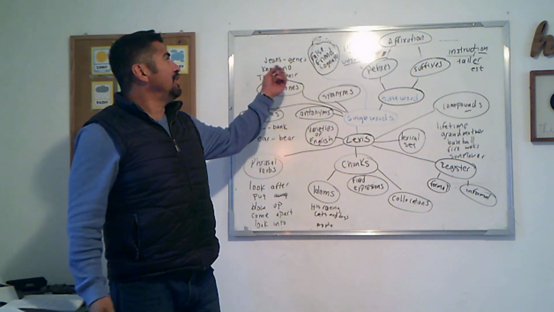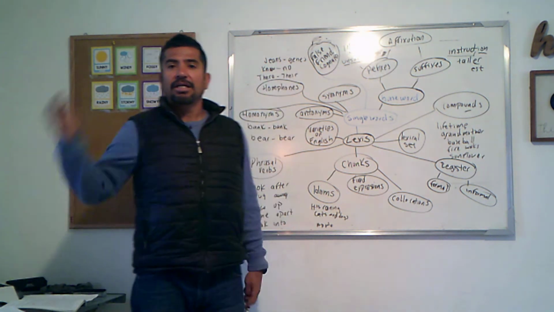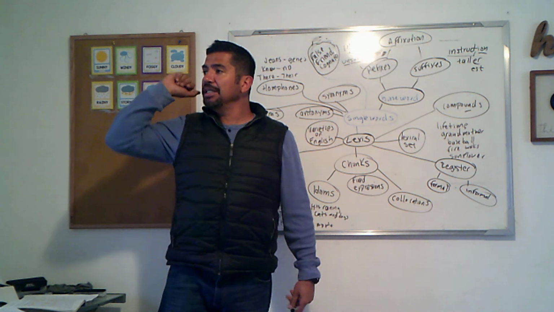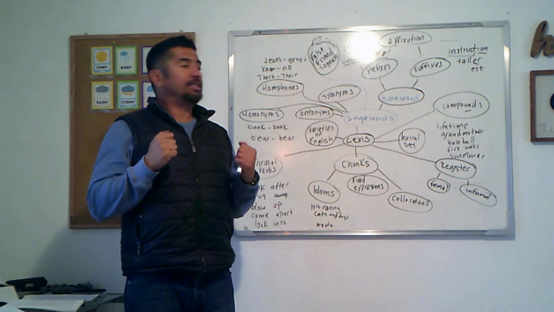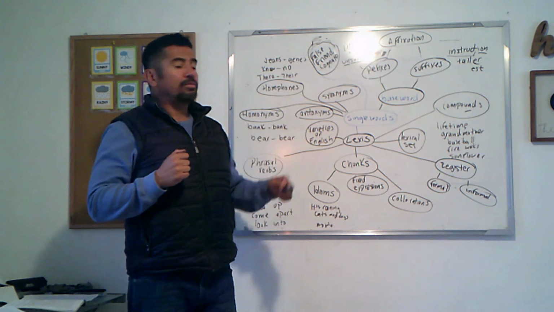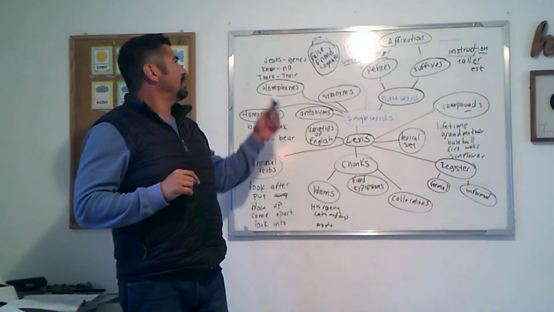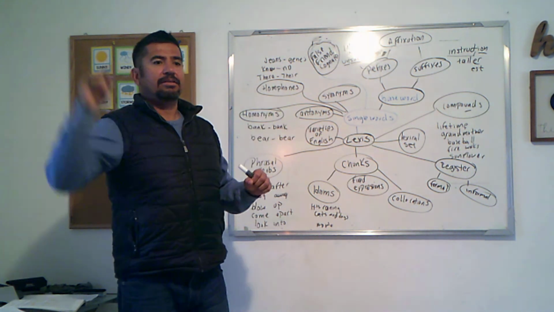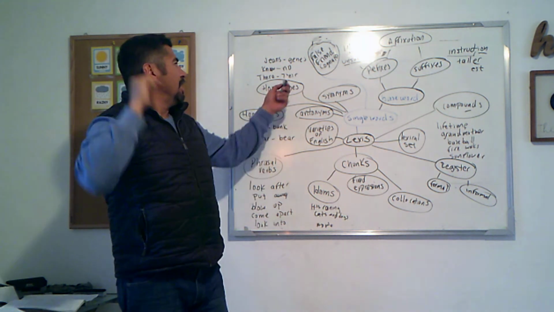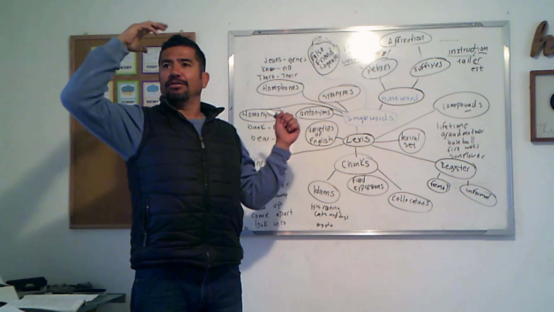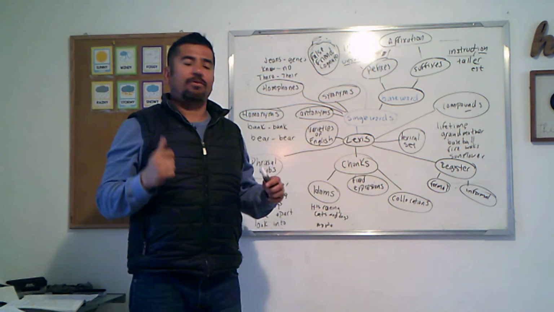For example, jeans and genes. She looks very good wearing those jeans. I have good genes. No and know. I don't know what you mean, and no, I don't want to go with you. There and their. There is a boy behind the camera, and their home is very far away.